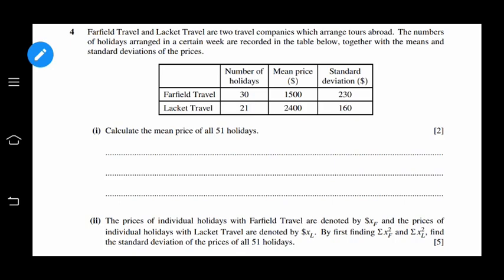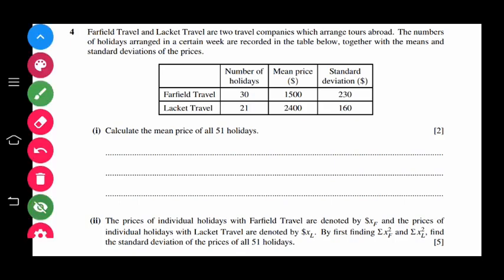Our question is to calculate the mean price of all 51 holidays. This is a question related to the combined mean. We have done one question about combined mean. So here, to find the combined mean, make a plan. What's your plan for this question?